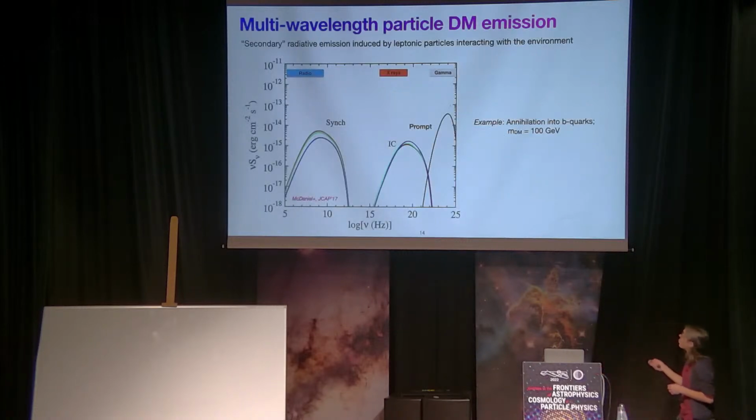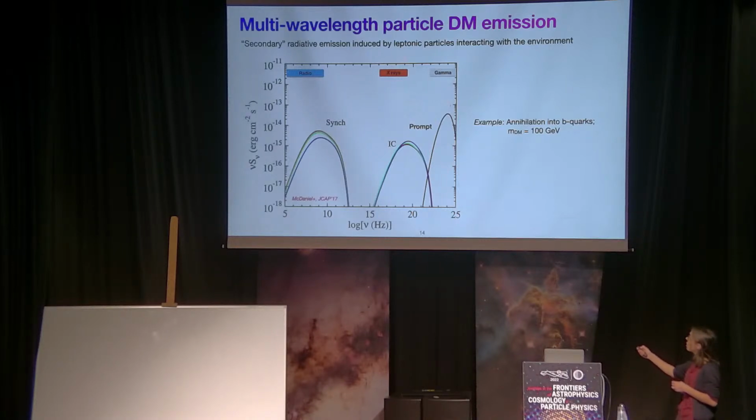And indeed, the spectrum from dark matter is truly multi-wavelength. So this is again the flux, in erg per centimeter squared per second, as a function of the frequency, where in the gamma ray band, let's suppose a mass of the dark matter particle around 100 GeV, you do have this prompt gamma ray emission.